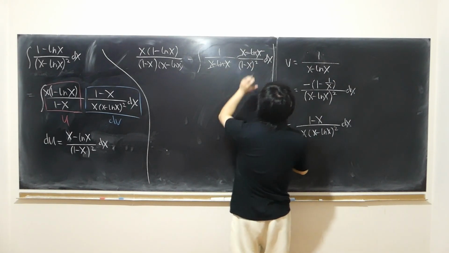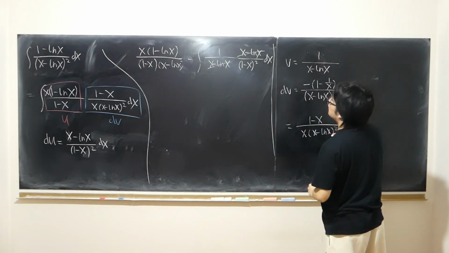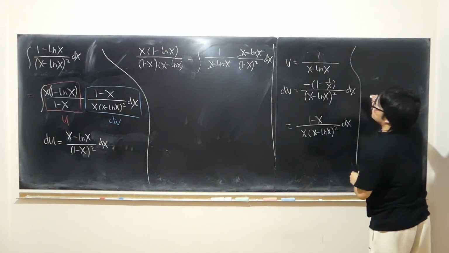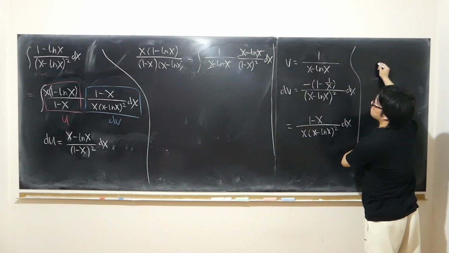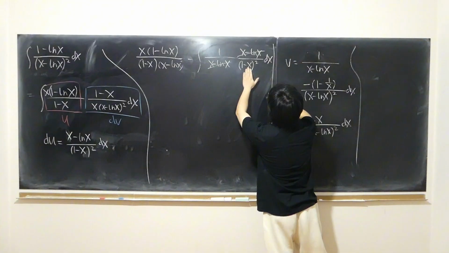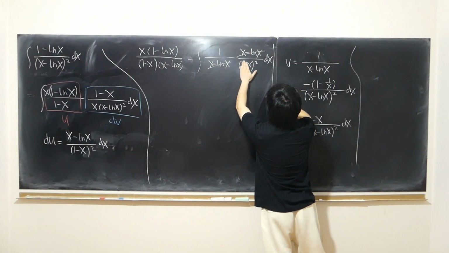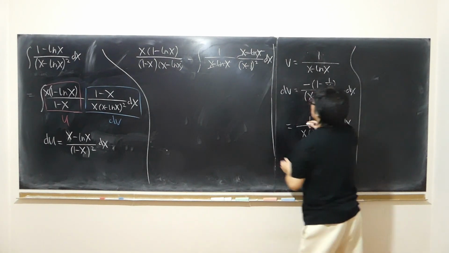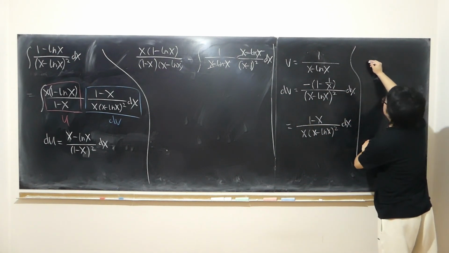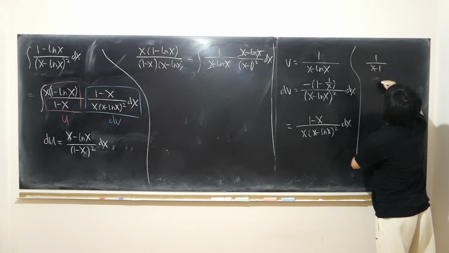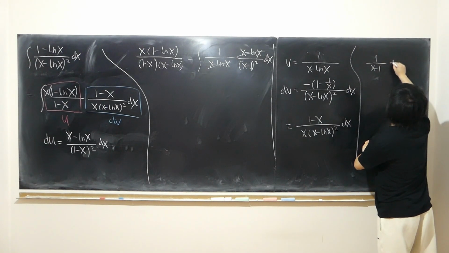So this is simply x minus 1, the same thing. So that way I can say the antiderivative must be 1 over x minus 1 plus c.